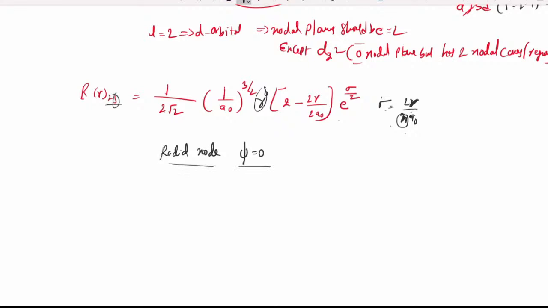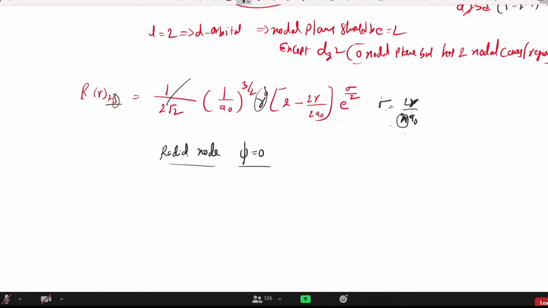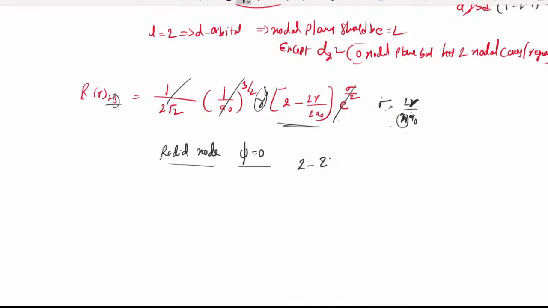Sir, for psi to become 0, the constant cannot be 0, and e power cannot be 0. So what will become 0? Yes, 2 minus 2r by 2a naught is equal to 0. Then r is equal to 2a naught.